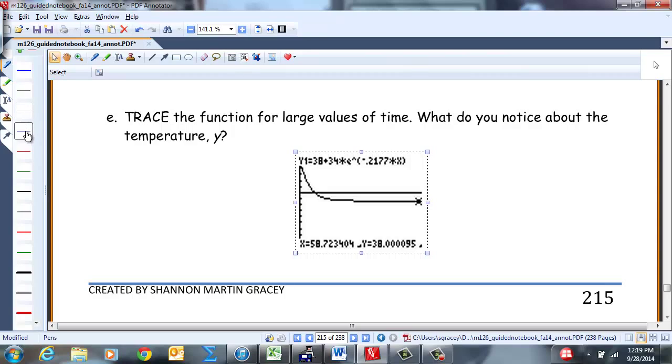So we can say, again, this is 0 to 60 and 0 to 75.